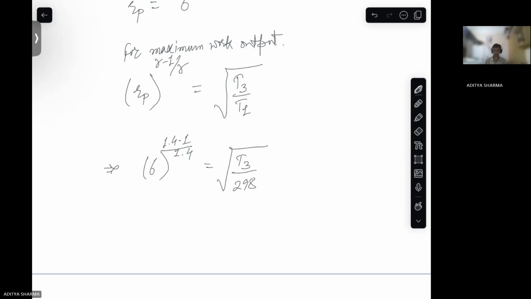Now if you solve this, you will get, let's calculate this.